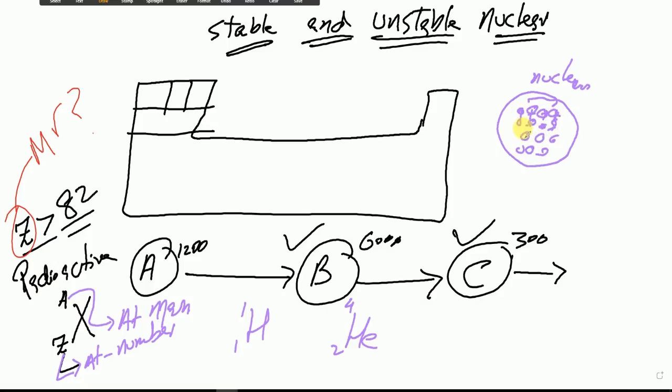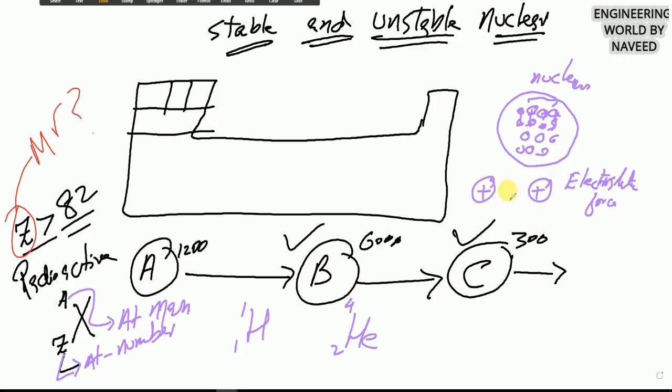In Coulomb's law we study that if two positive charges are near each other, there is a force between them, the electrostatic force. If the two charges are the same, they repel each other, which is electrostatic repulsion. But this nucleus is stable, so how?